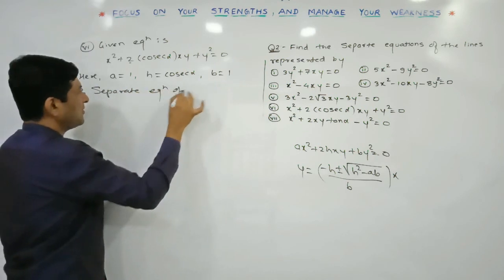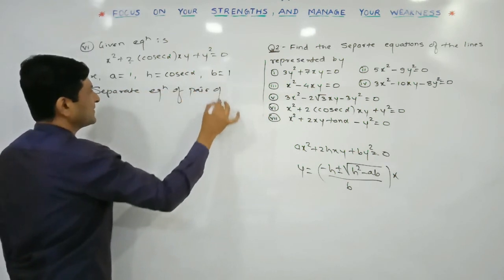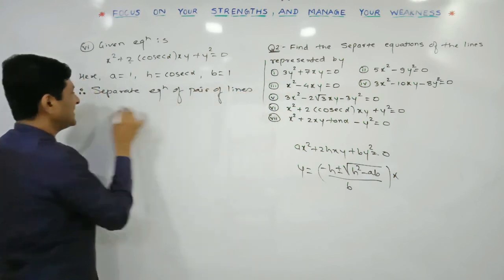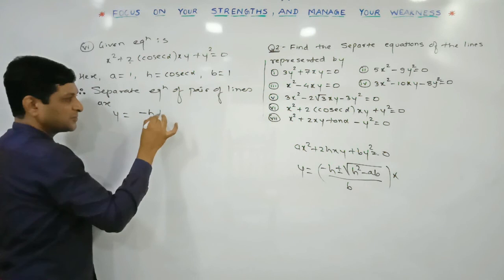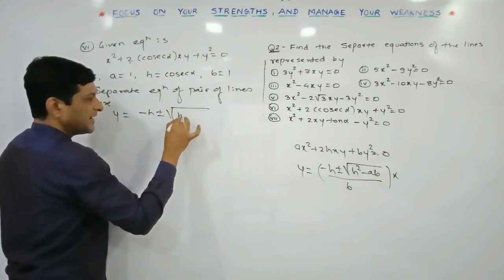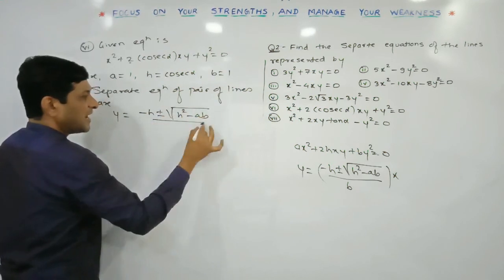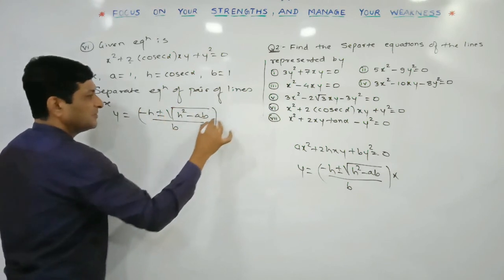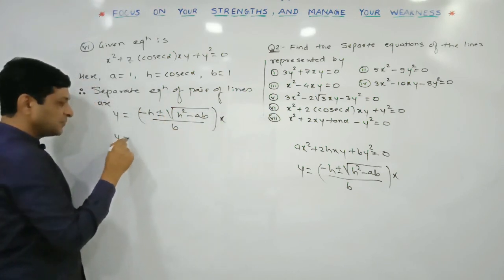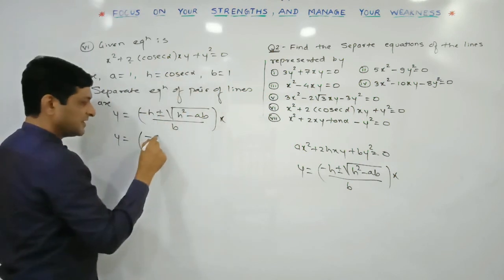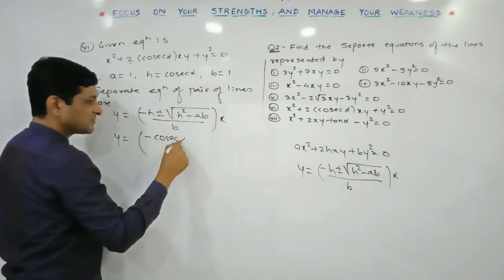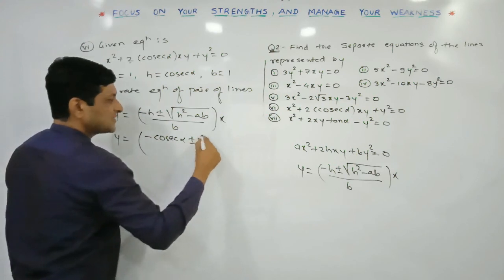equations of the pair of lines are y is equal to minus h plus or minus under root h square minus ab upon b into x. So y is equal to, now we are substituting the values. What is the value of h here? Cosec alpha. So here its value is cosec alpha plus or minus under root.